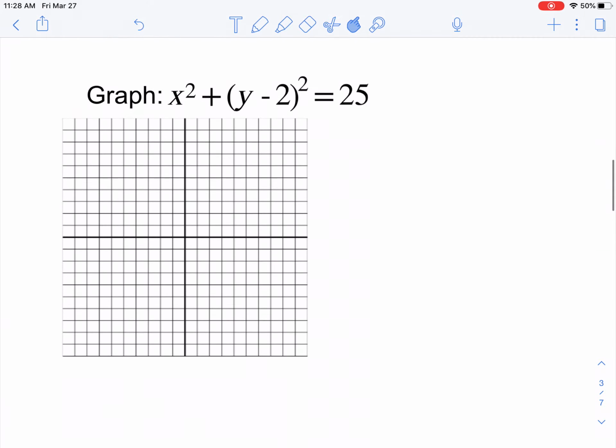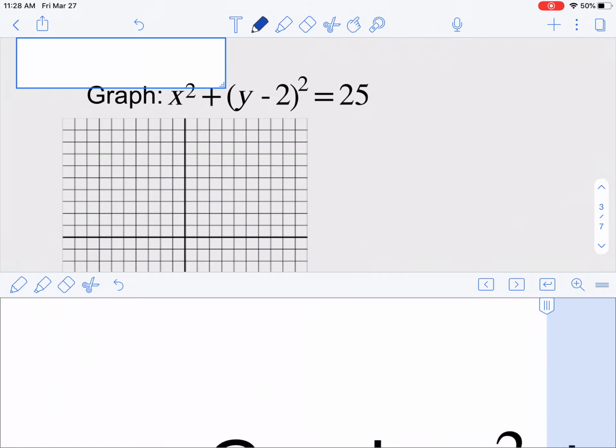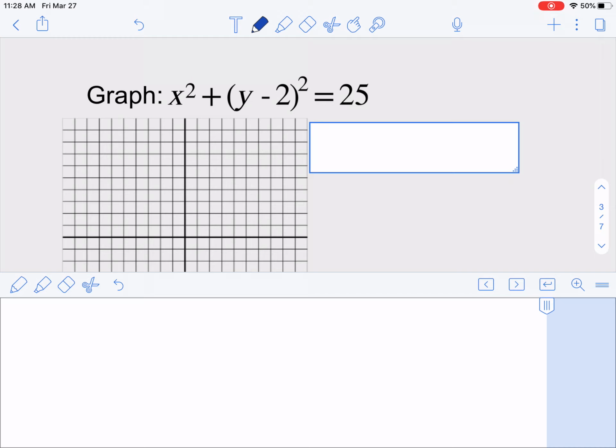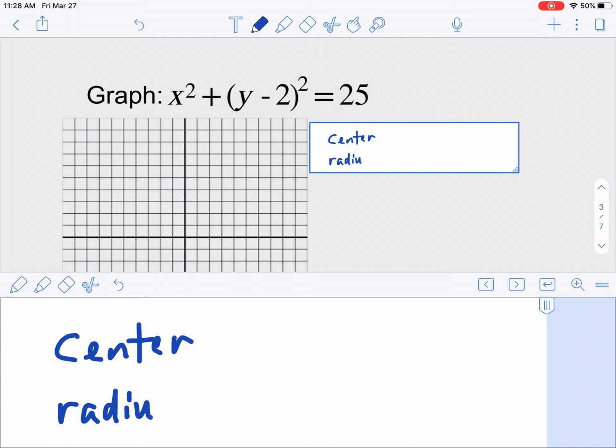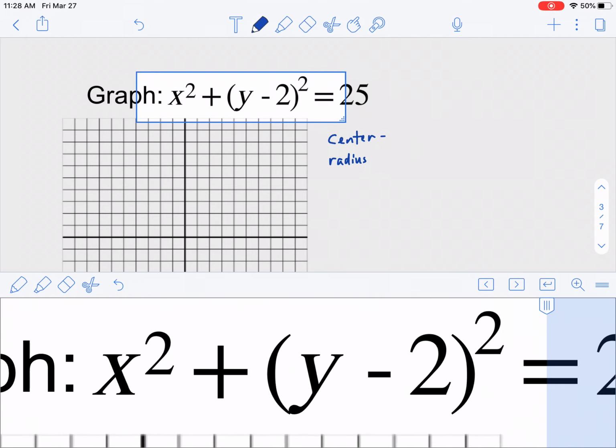Another example. We've got x squared plus y minus 2 squared is equal to 25. Well, again, identify the center, and then identify the radius. Well, the center, again, is going to be the coordinate (h, k). Well, it's x squared.